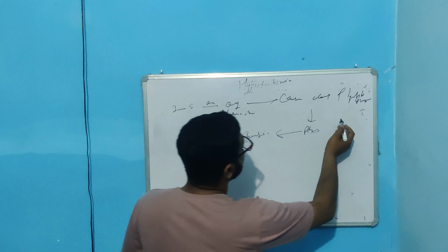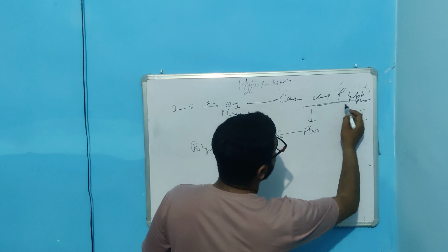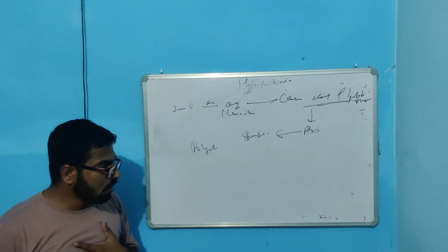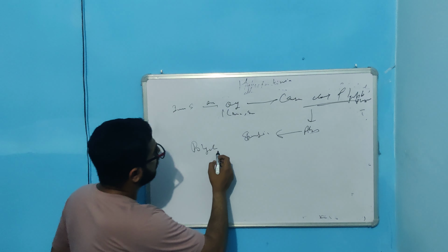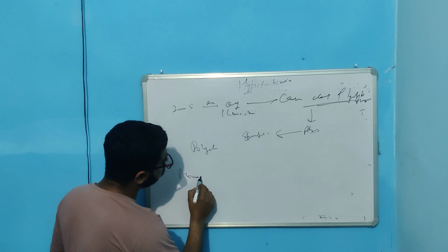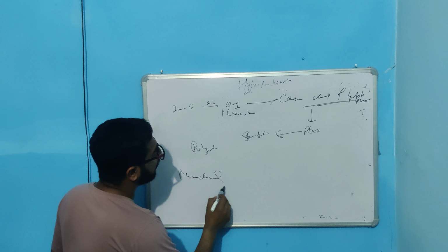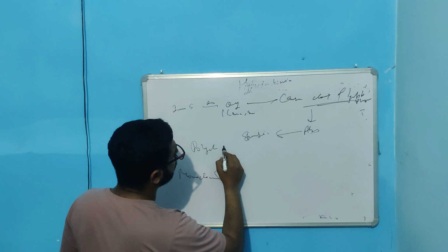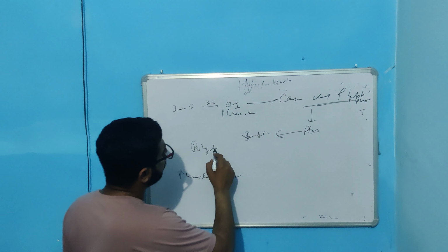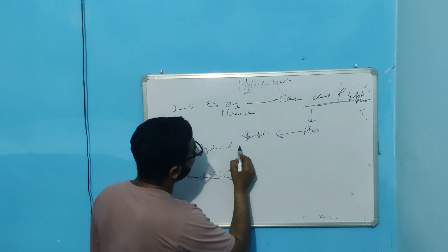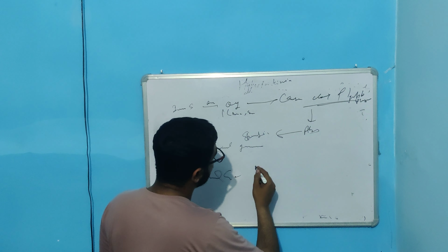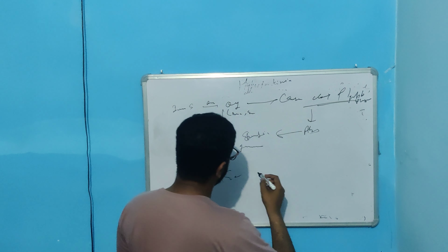That's why there is polycloning. In infection, inflammation or neoplasia, you would see a polyclonal gammopathy. I will show you the electrophoretogram of these gammopathies, right?